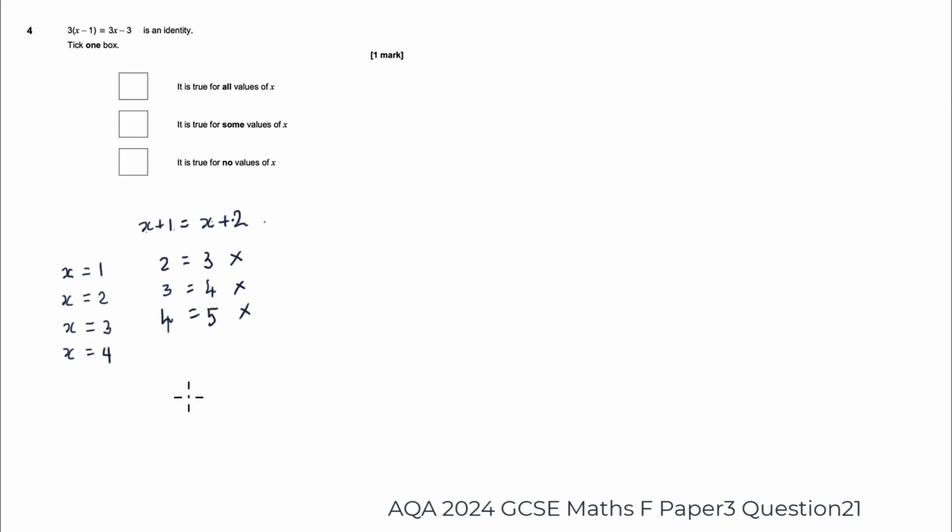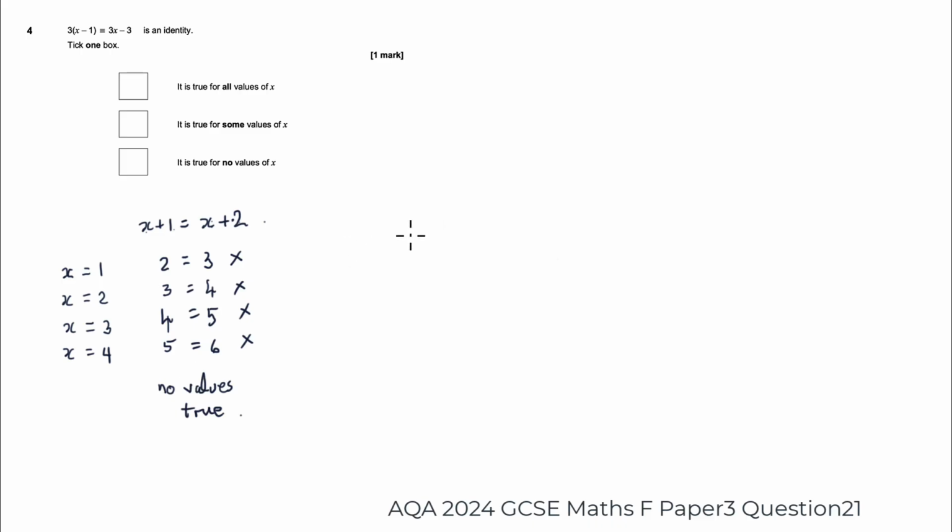And again, that's not true. You can see the pattern building up. And if we work through all these statements, none of them will be true. So no values true. So that's this box down here. There's a statement where no matter what you put in for x, you'll get false statements all the time. There's no value of x which will make the statement true.